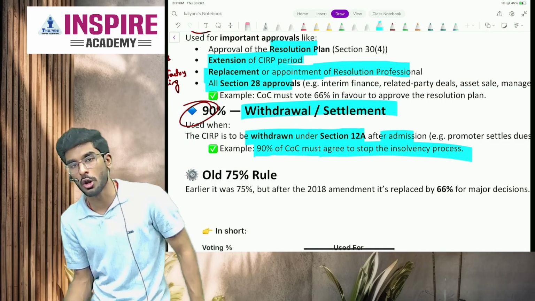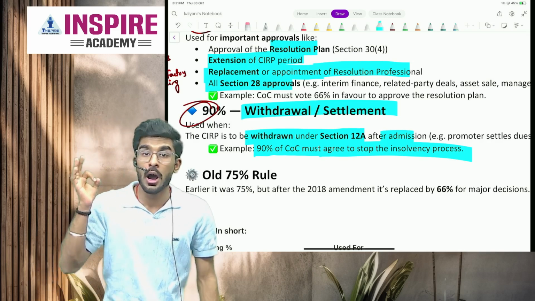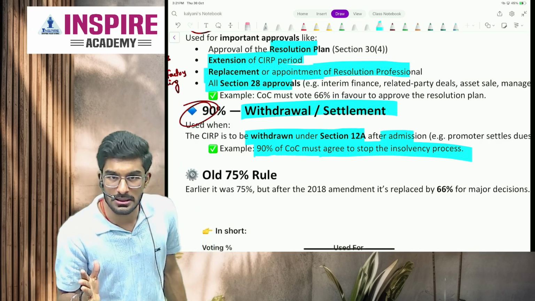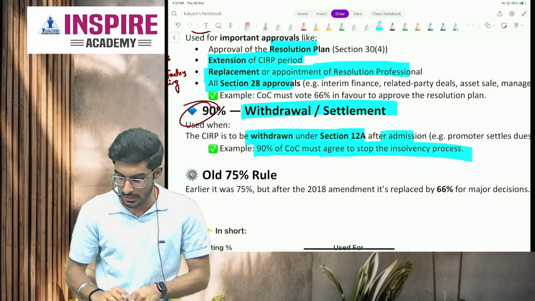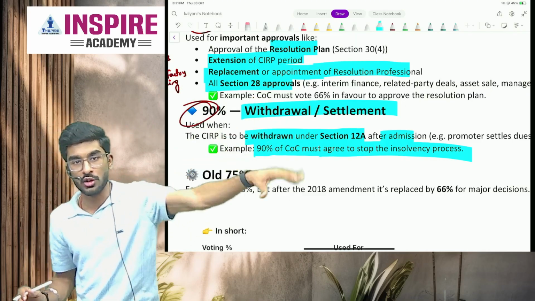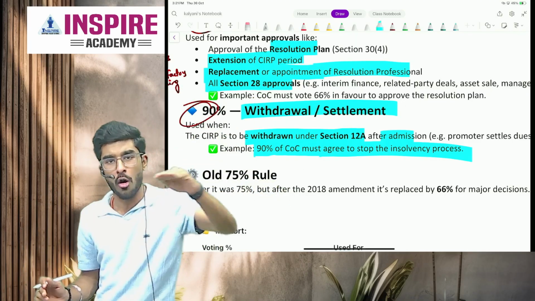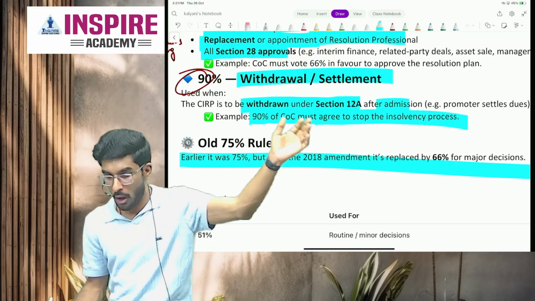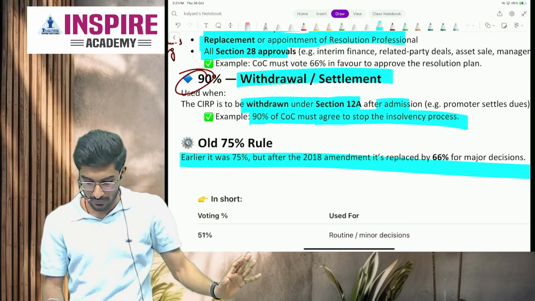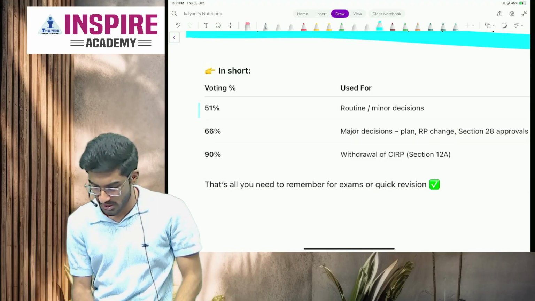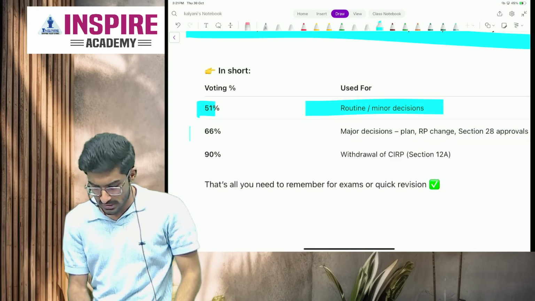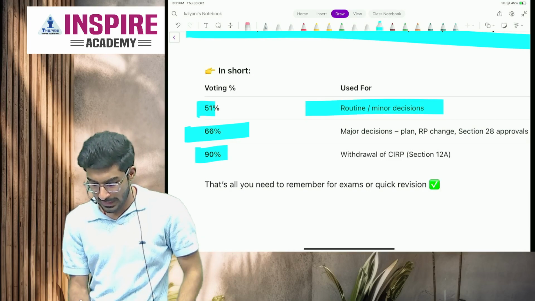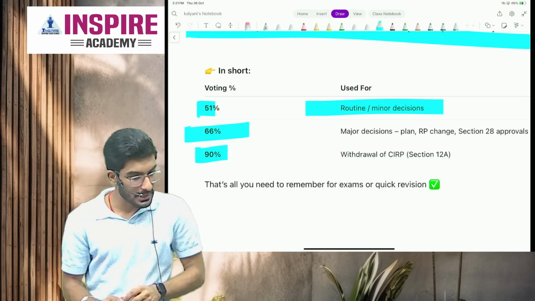The 75% rule, which you might find in a module, is now struck down. It is a traditional old law. Now it is 66% everywhere. So 51% is for routine decisions, 66% is for major decisions, and 90% is for withdrawal of CIRP.